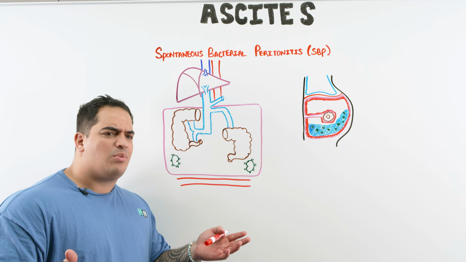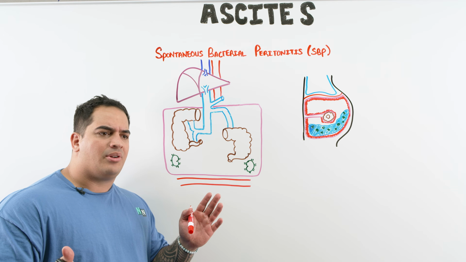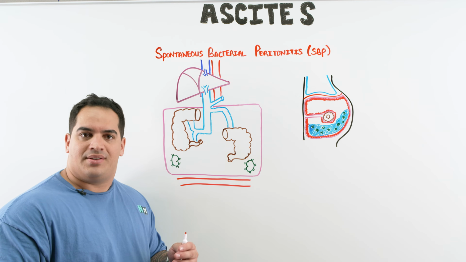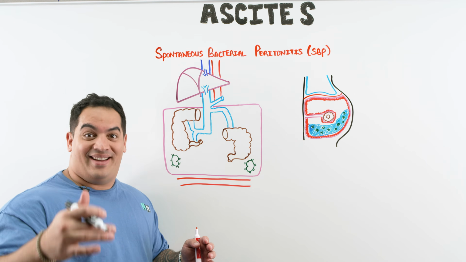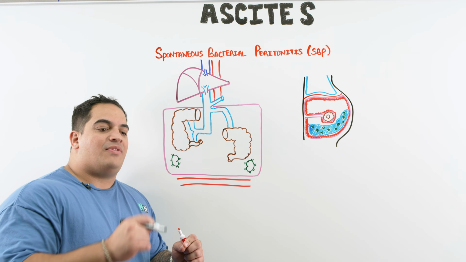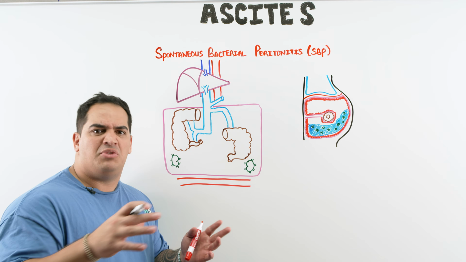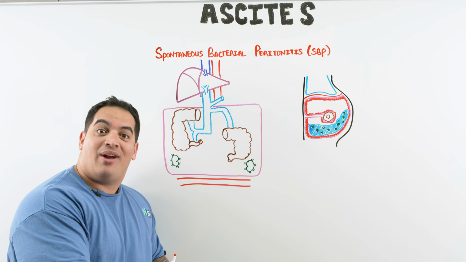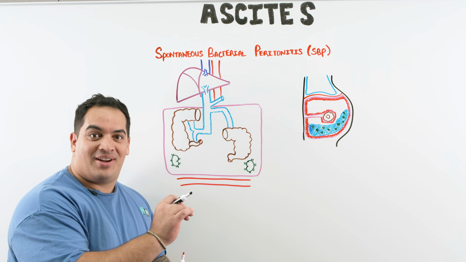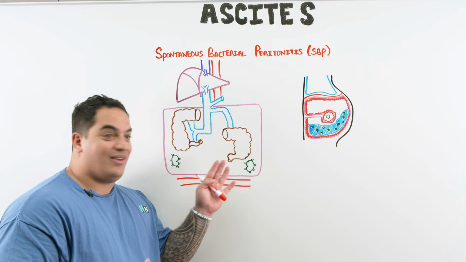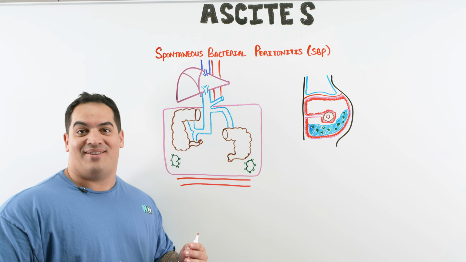What's the difference between spontaneous bacterial peritonitis and the peritonitis seen in appendicitis or other diseases? Those are secondary bacterial peritonitis. In other words, it's some type of disease of a GI organ, let's say the appendix, that ruptures and causes bacteria to spread. In this particular situation, bacteria are actually present in the peritoneal fluid, and then cause infection.